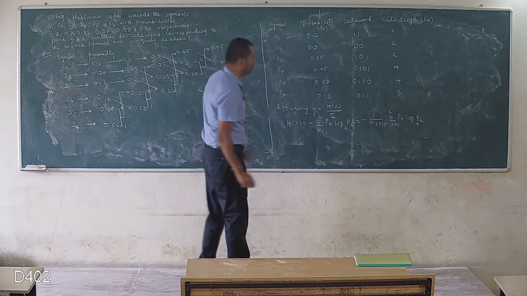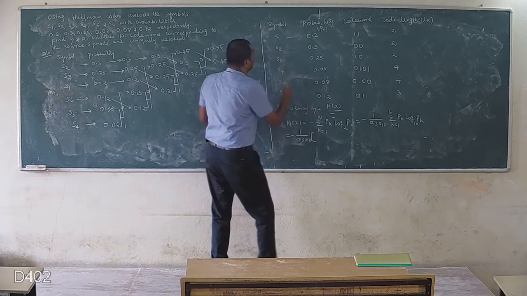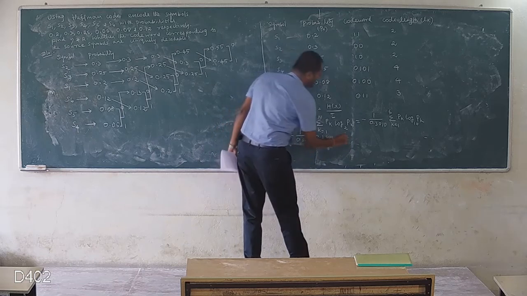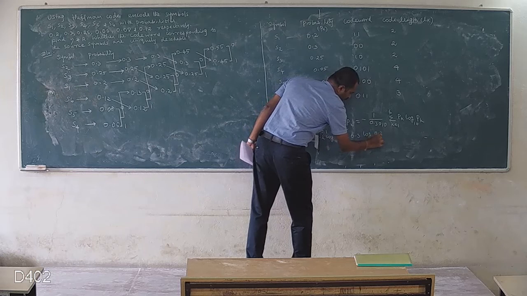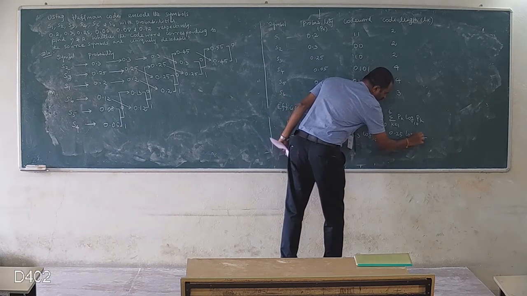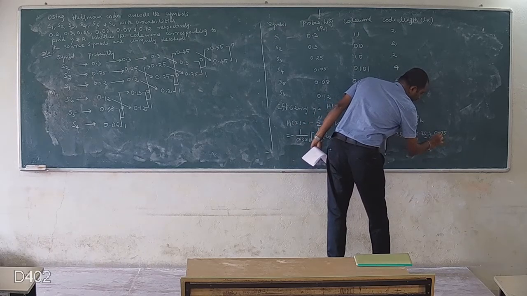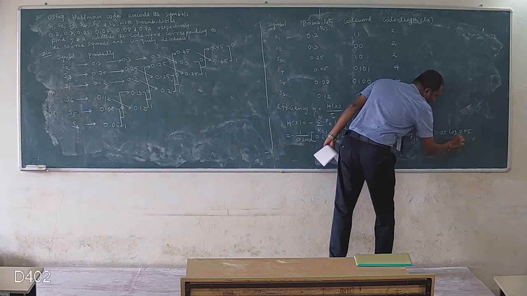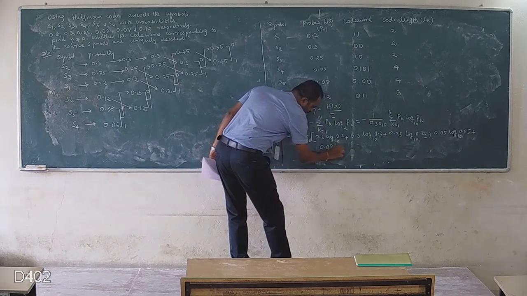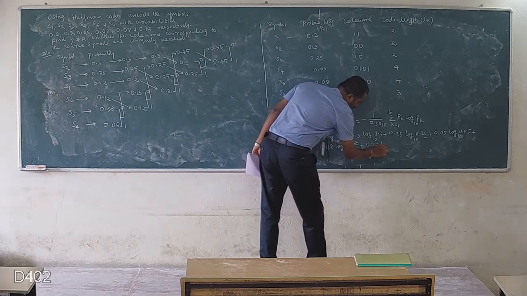Now you substitute the probability of occurrence for all the symbols, that is minus 1 by 0.3010 into 0.2 log 0.2 plus 0.3 log 0.3 plus 0.25 log 0.25 plus 0.05 log 0.05 plus 0.08 log 0.08 plus 0.12 log 0.12.